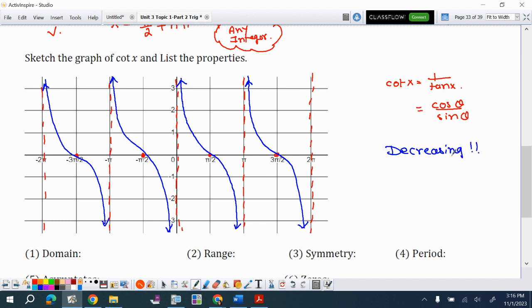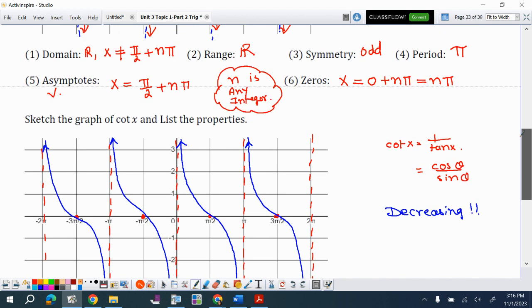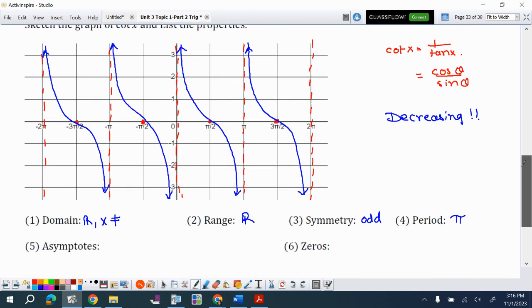Okay, so let's write the properties. Domain is all real numbers. They are still odd functions. Period is still pi. Domain is all real numbers, but x cannot be... If you understand the relationship between tangent and cotangent, you can say wherever tangent has a zero, cotangent has an asymptote.